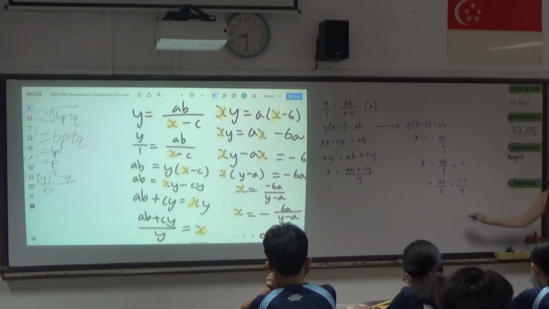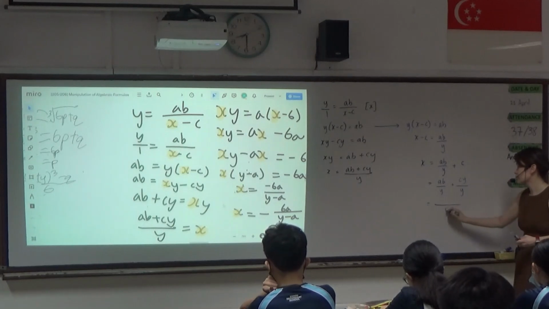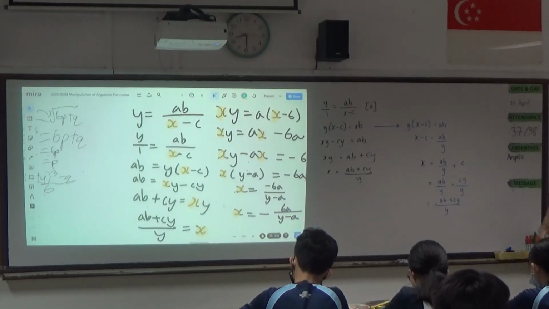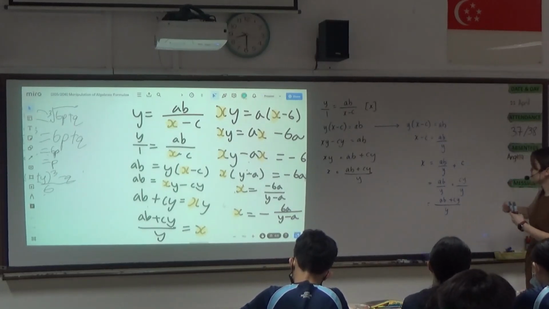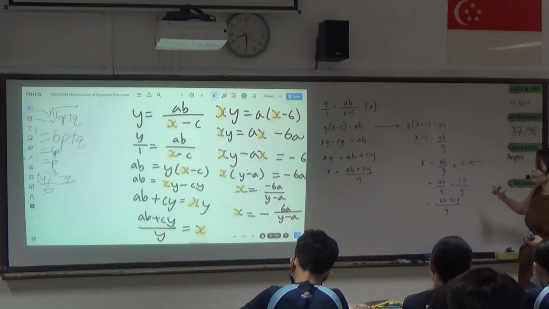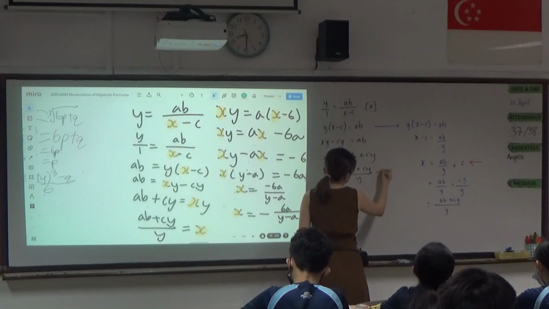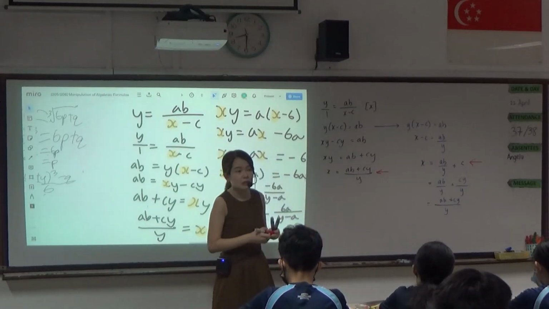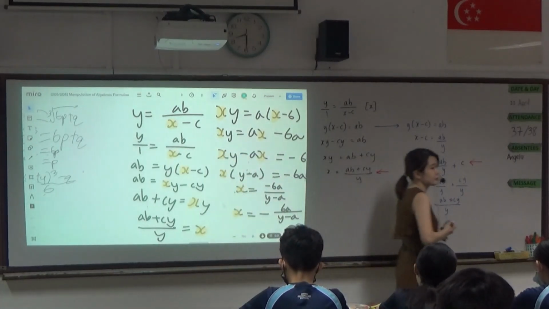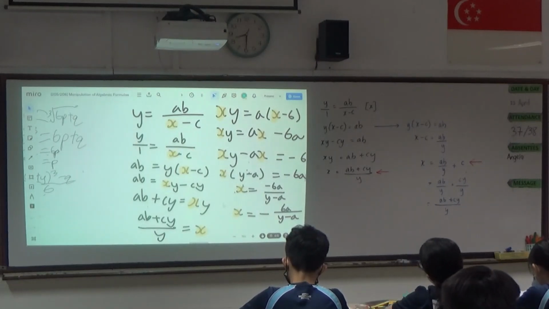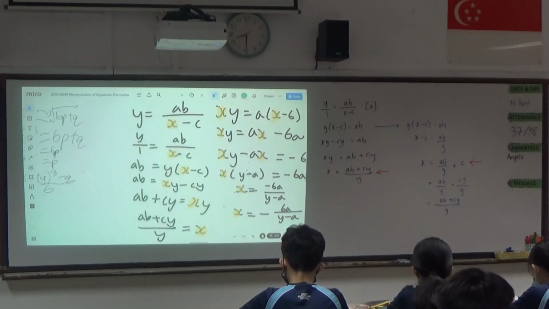With the same denominator, it is none other than ab plus cy over y. So you could have your answer up here if you did this method, or if you did the other method, the likely answer will be this. And either one is acceptable. Any questions?